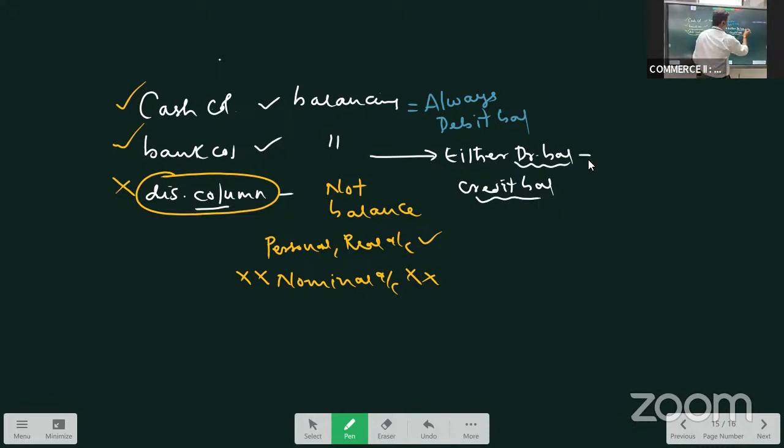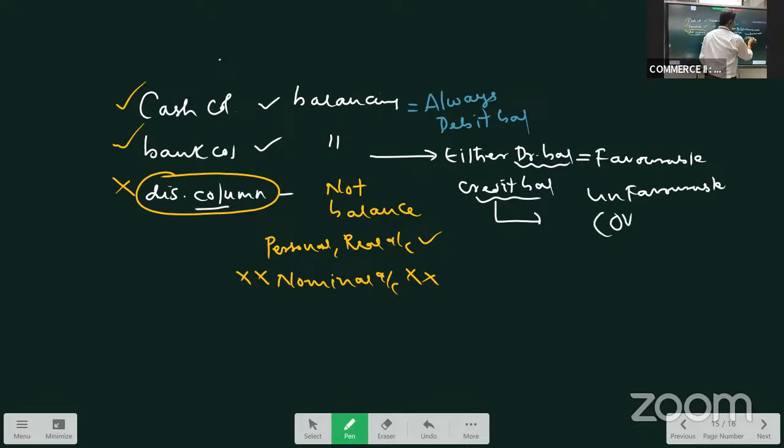If debit side is heavy, we say that it is a favorable balance. That is, the business house, the firm, is having balance with bank. But if it is showing credit balance, we call it an unfavorable balance, or we call it overdraft.